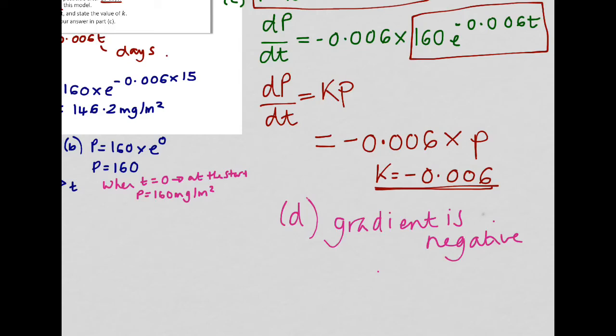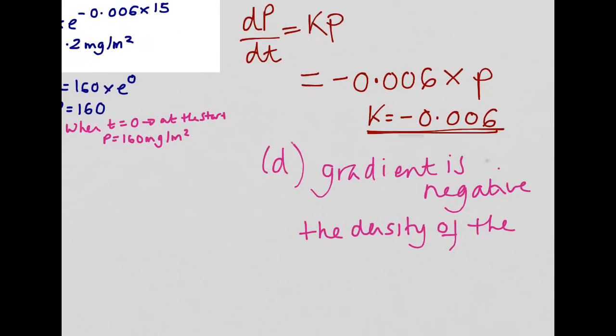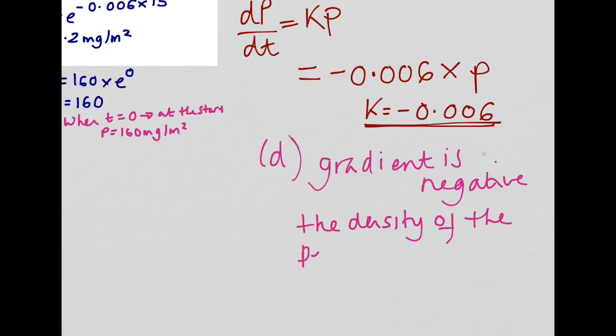So what does this mean, as we said? We're saying that if its gradient is decreasing, the density of the pesticide is decreasing.